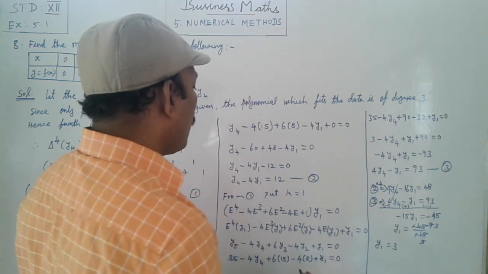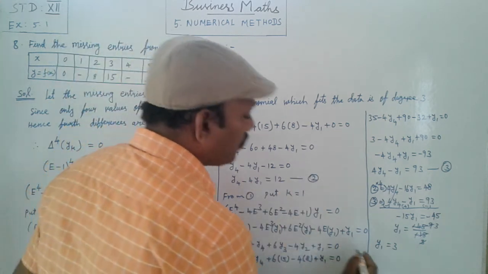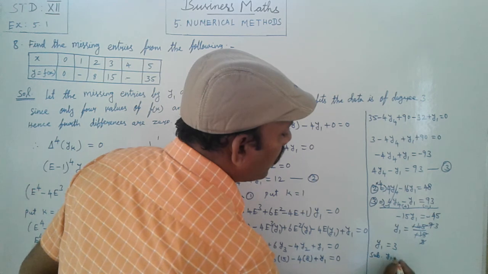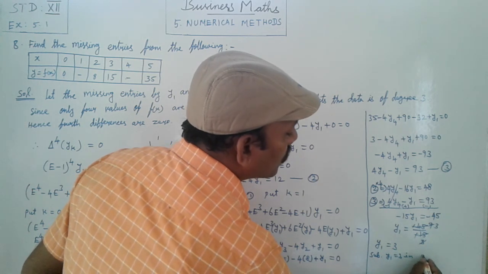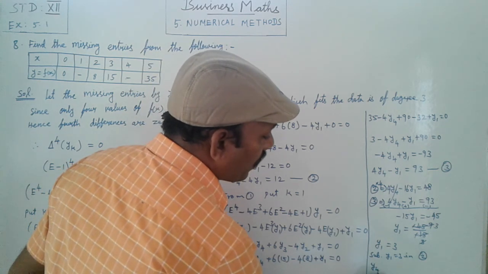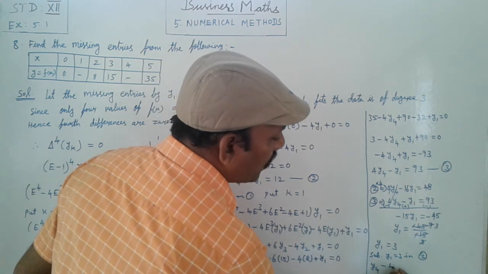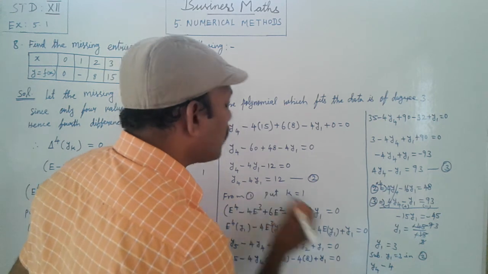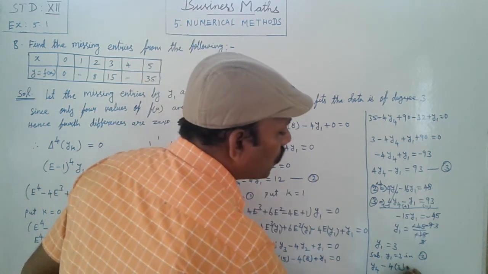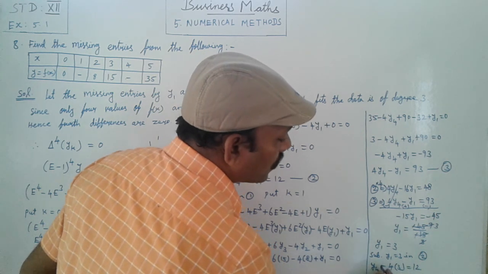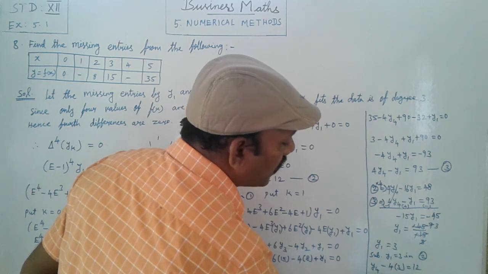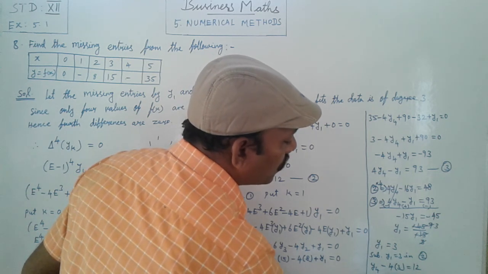Substitute y1 value from 2. Substitute y1 equal to 3 in the second equation, we should find out. So what is there? y4 minus 4 into y1 value, 3. Substitute here, equal to 12. So y4, 4 3s are 12, minus 12 equal to 12.